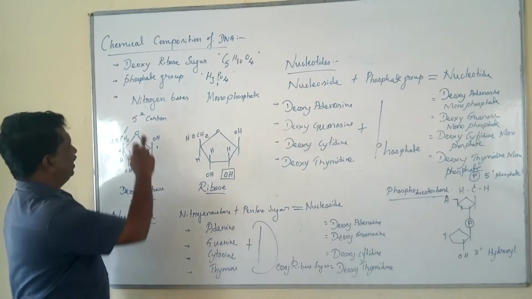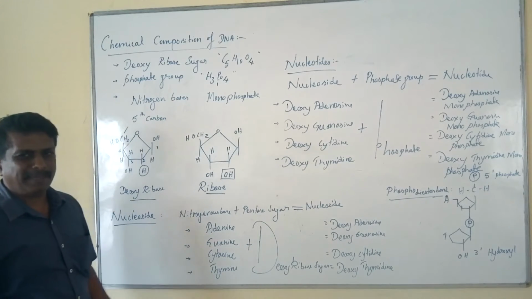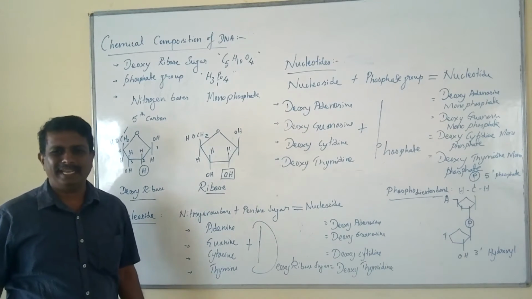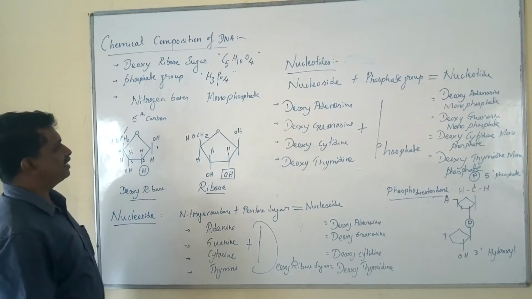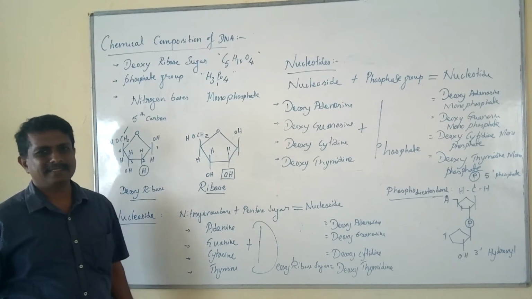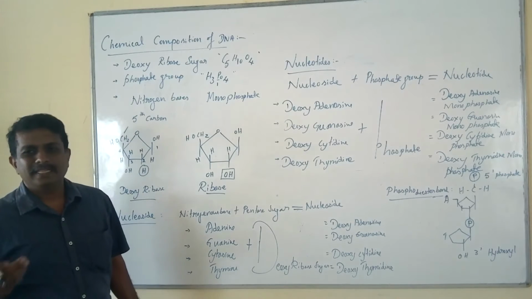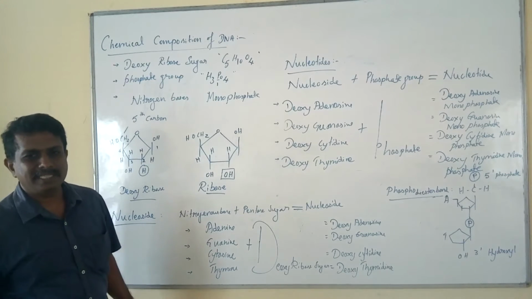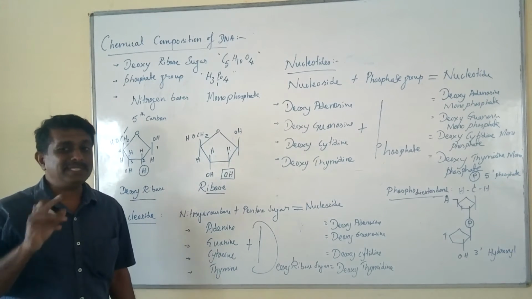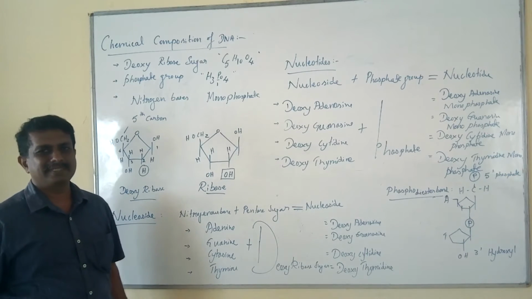The most important chemical compound found in the DNA is called nitrogenous bases. These are nitrogen containing heterocyclic compounds.